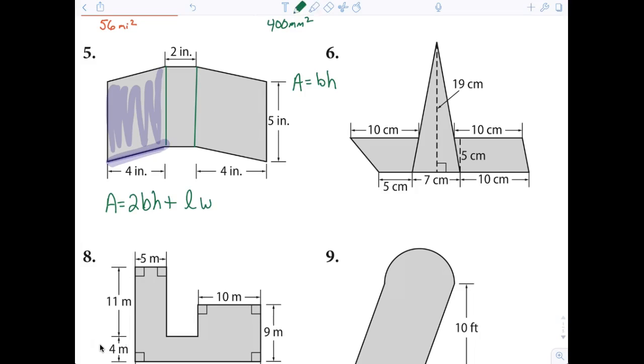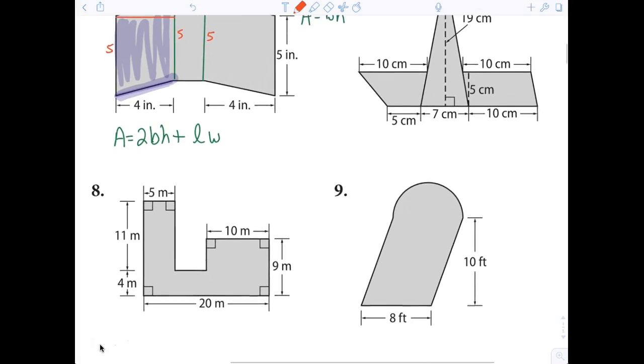I'm going to draw the height for you. This from here to here is the height. Which is how much? 4, exactly. And what's the base? 5, right? Because you're getting that from over here. All of these are 5.